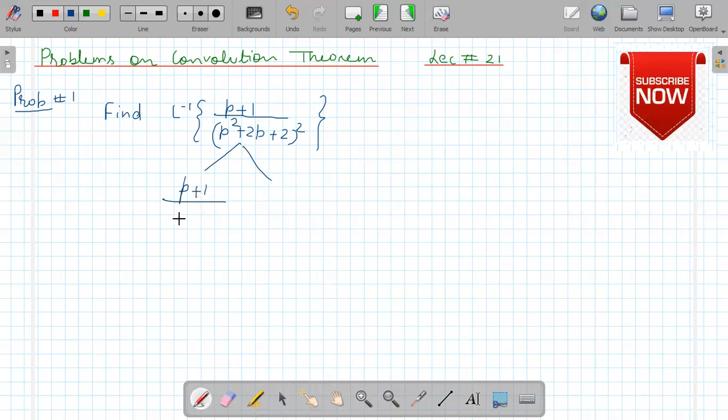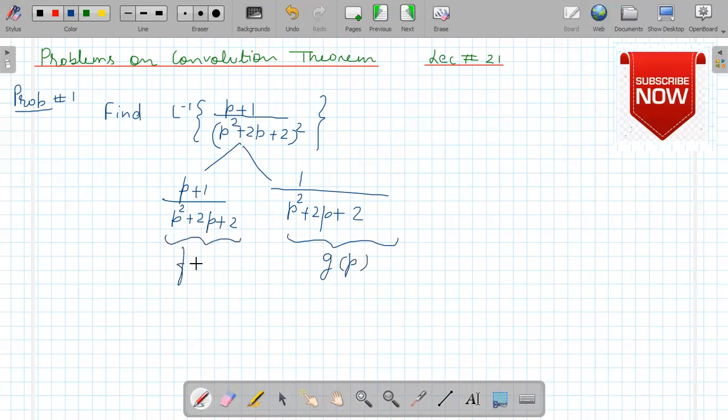One is (p plus 1) over (p square plus 2p plus 2), and another one is 1 upon (p square plus 2p plus 2), right? I have told you that you have to take as Gp the function which is simpler. So I'll choose this as Gp and this as Fp.